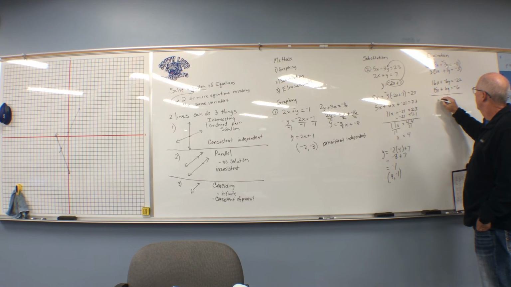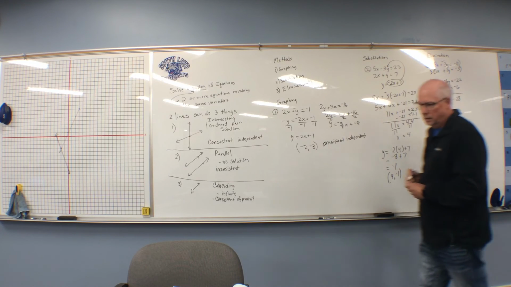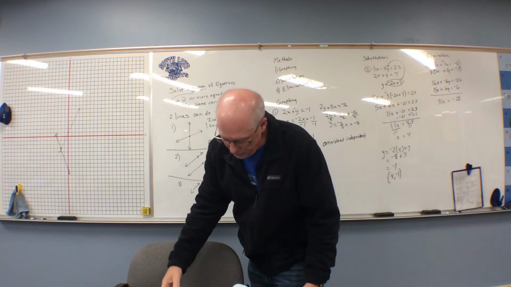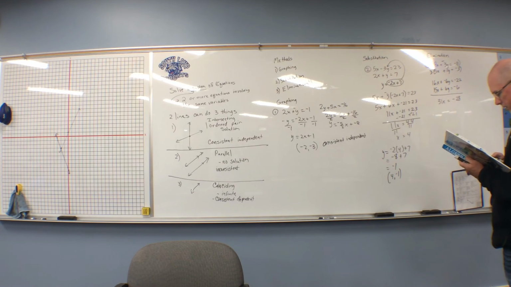So I have 31x equals a negative, is that true? Negative 6, I'm getting a negative 28. I don't think that's correct because I remember the answer. Let's see if I copied it down right. Another blunder. 8x minus 3y equals a negative 11.